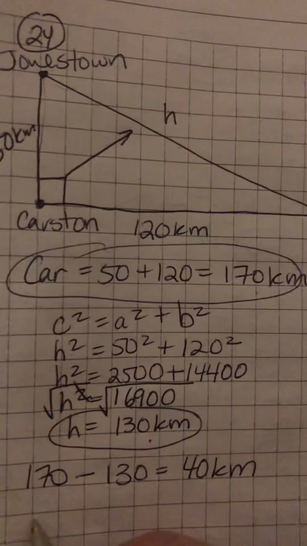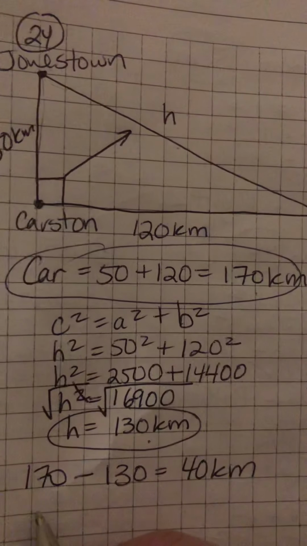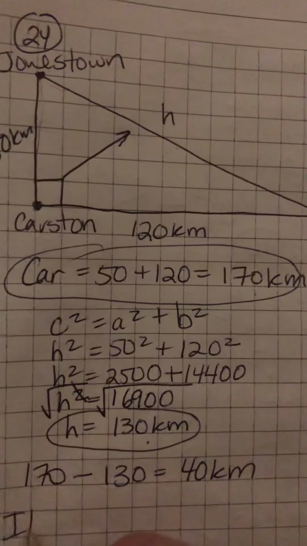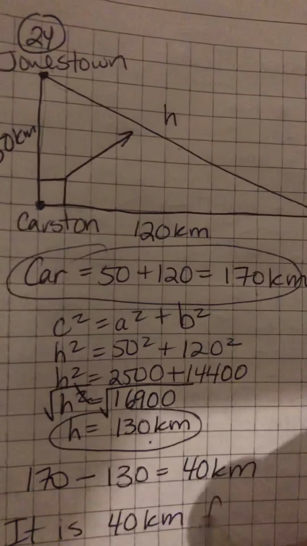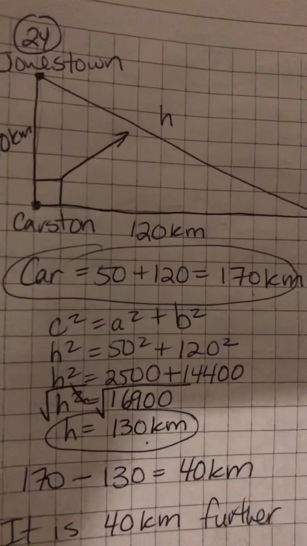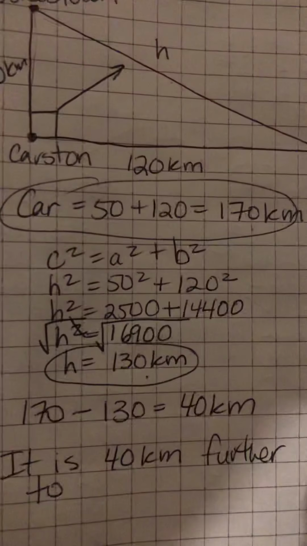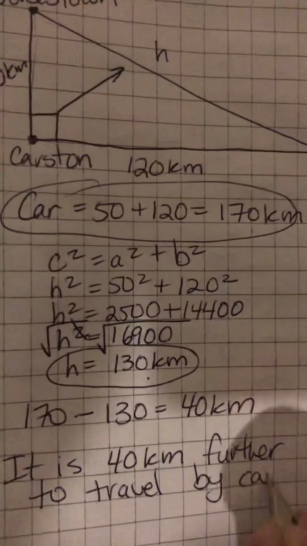So since it's a word problem, we would answer the question, how much further is it to travel by car? It is 40 kilometers further to travel by car, period.